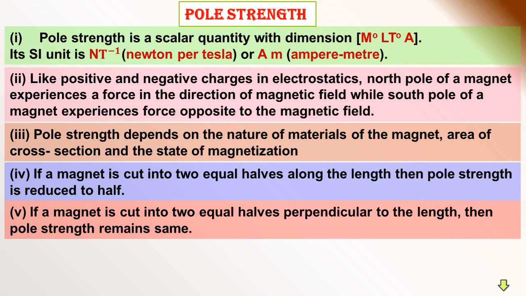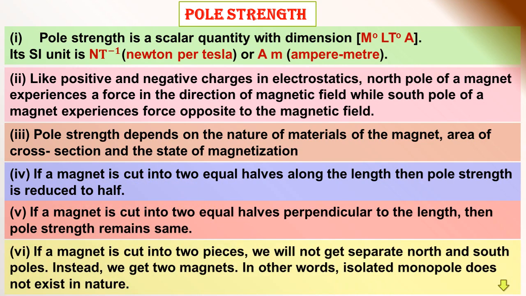So you have to be careful while splitting the bar magnet into two equal halves. The sixth point, if a magnet is cut into two pieces, we will not get separate north or south poles. Instead, we get two magnets. In other words, an isolated monopole does not exist in nature. I already showed all this in the picture.